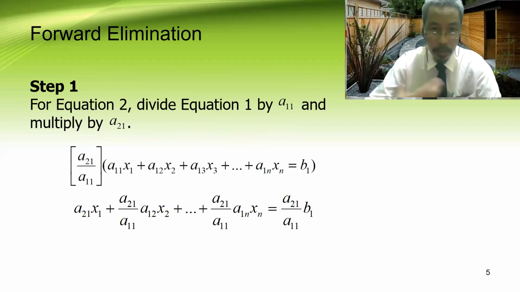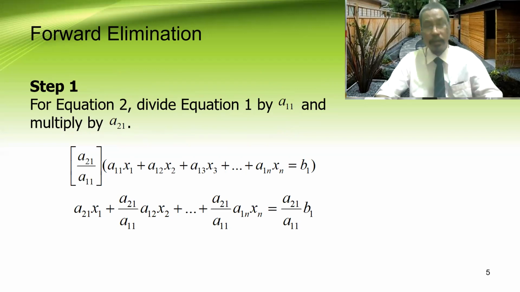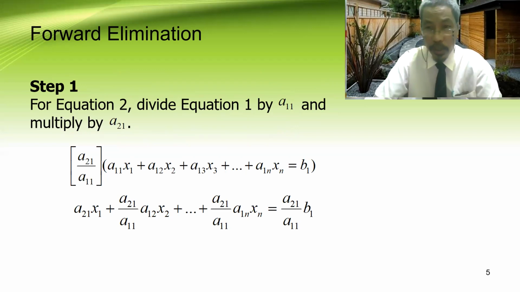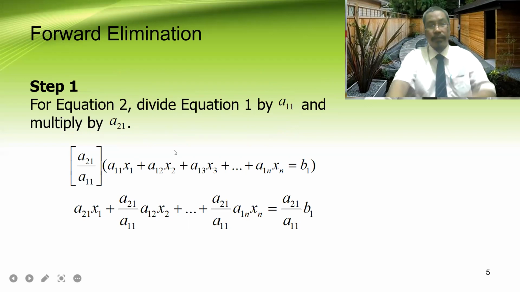Okay, now, if we are going to do it by using our step-by-step process, for step 1, equation 2, consider divide equation 1 by a sub 11 and multiply by a sub 21. Ignore, a sub 11 is the coefficient of the first variable in equation 1. Okay. So in equation 1, here, for example, okay.